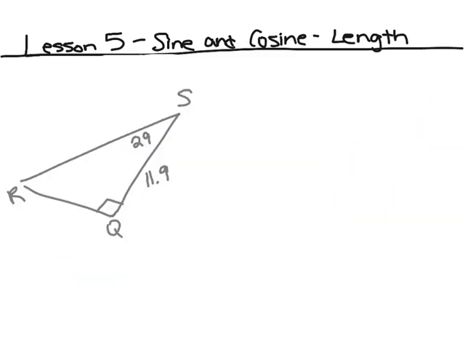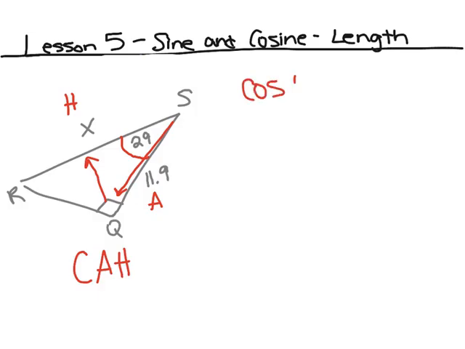So in triangle RQS, we want to find the length of RS. So we know that opposite from our right angle is the hypotenuse, and we know angle S, so that means that 11.9 is our adjacent side. Because we have an A and an H, we're going to use the cosine ratio. So cos of theta equals A over H. We know our angle to be 29 degrees.